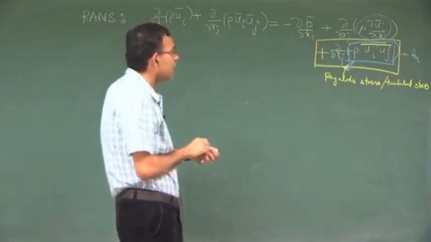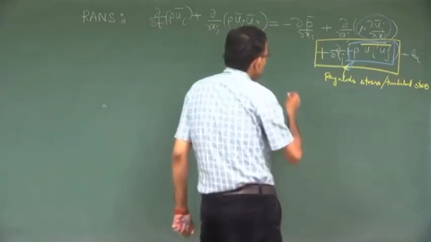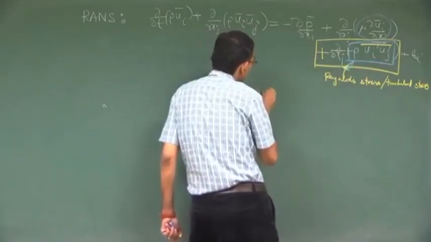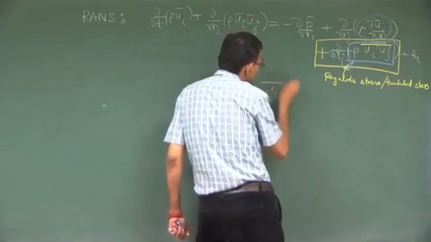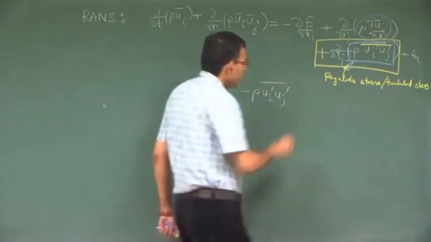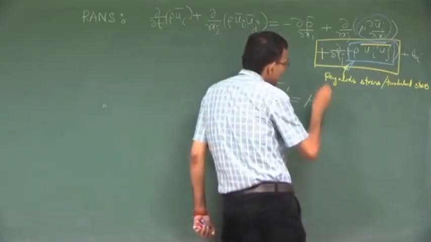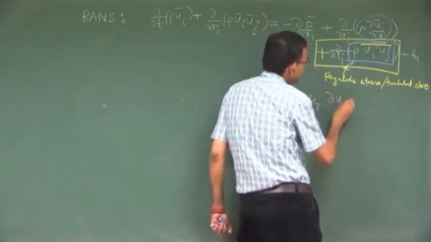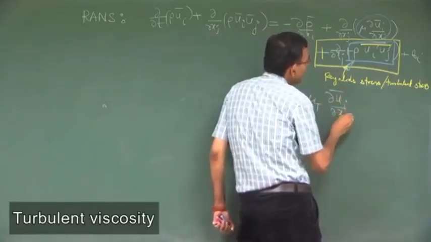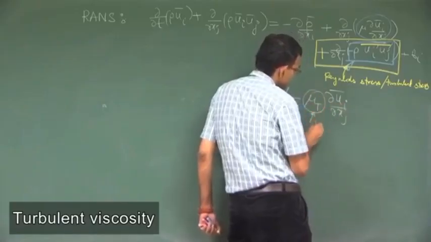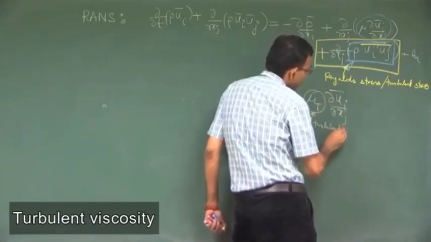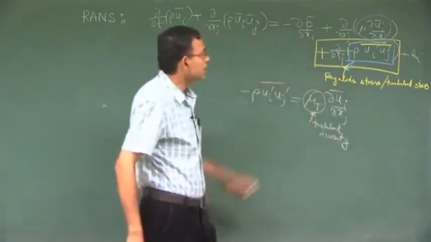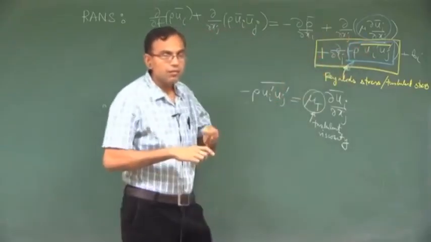So, one possibility is that instead of writing this minus rho ui prime uj prime average as it is, you define this in terms of a fuzzy parameter which is called turbulent viscosity, which is not a constant but a parameter which depends on the turbulent fluctuations which can be mathematically modeled.